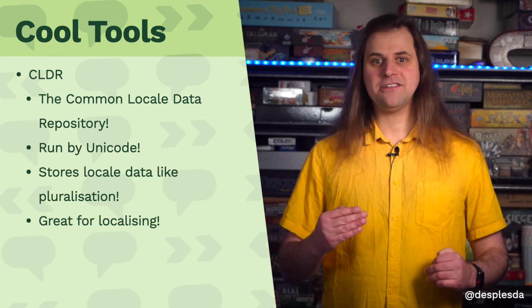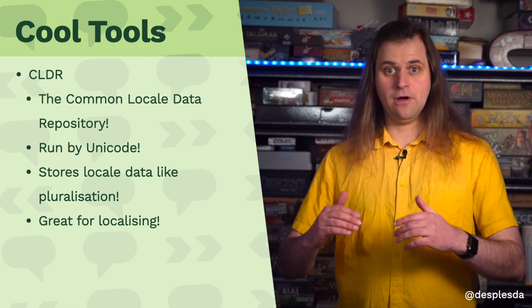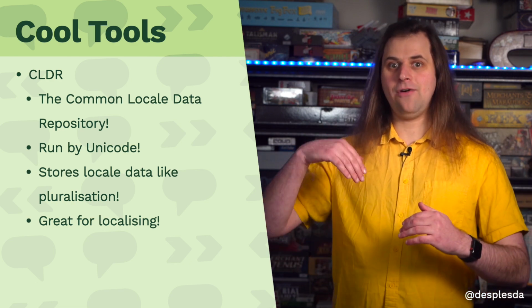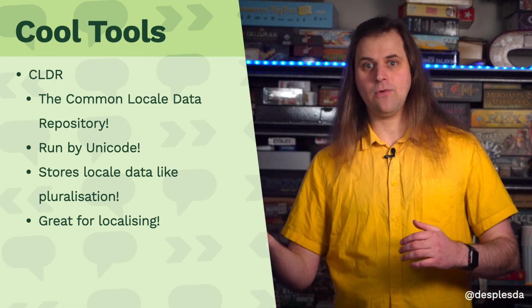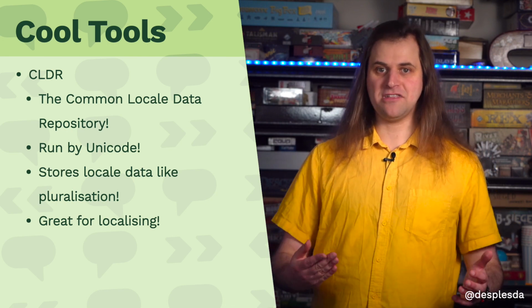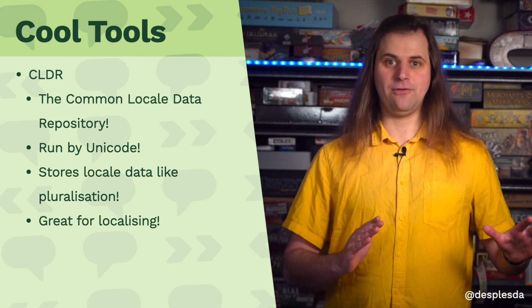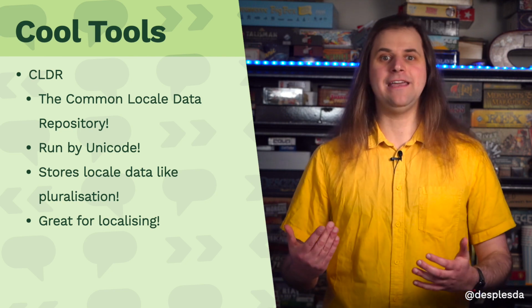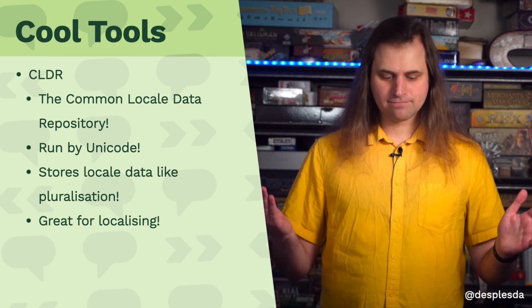CLDR is fantastic for, in our case, we pull the data on how numbers get pluralized and we use that to generate new source code that pluralizes numbers based on the player's current locale, which allows you to much more easily localize your lines.